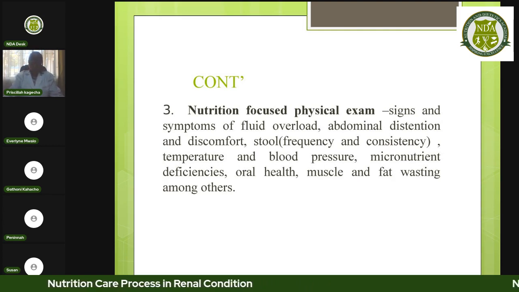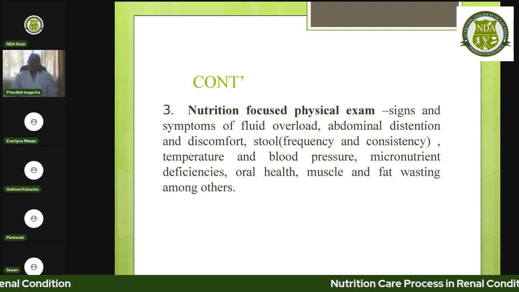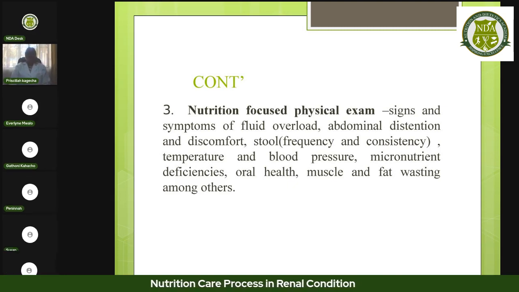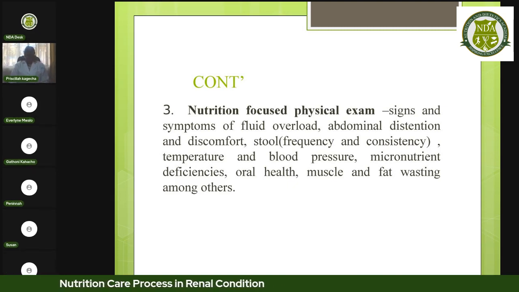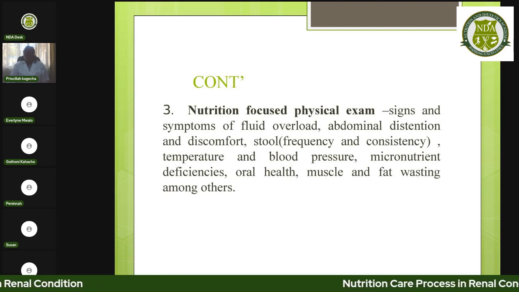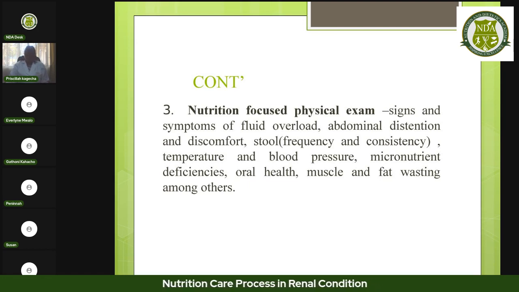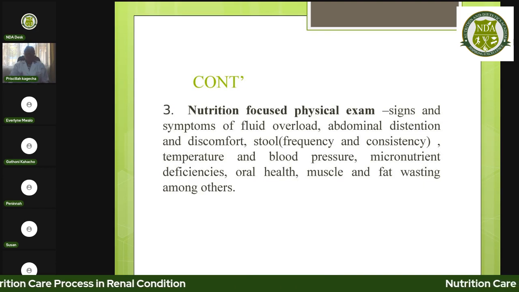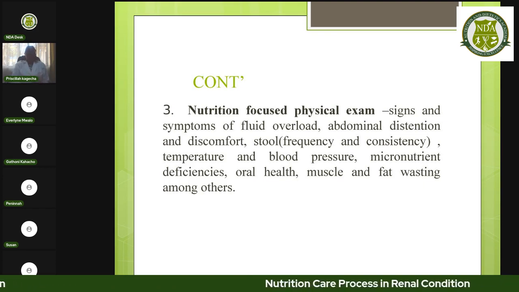Another component in assessment is diet history, so that when you are talking to a patient, you may want to assess how they are eating. You may want to use several methods: a 24-hour recall, or a food diary, or a food frequency questionnaire, so that this will help you to know the adherence of the patient to the prescribed diet.